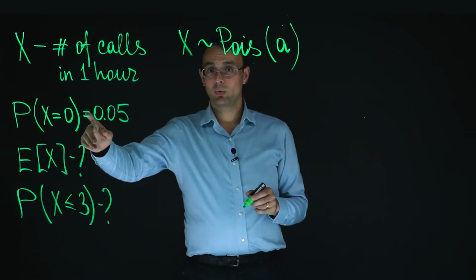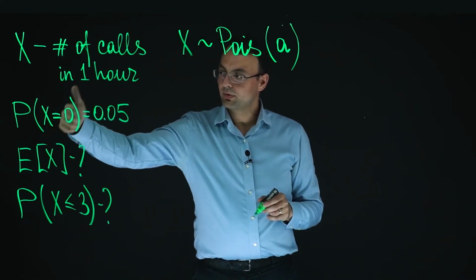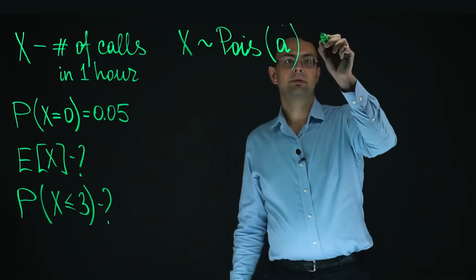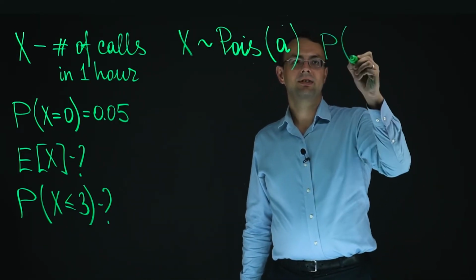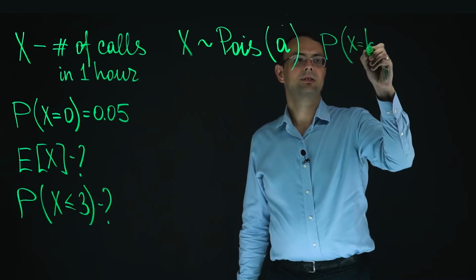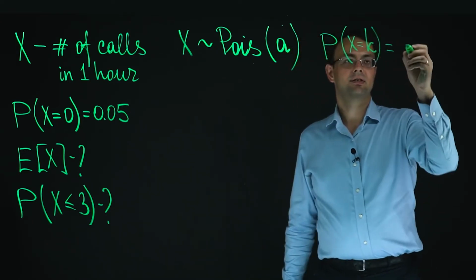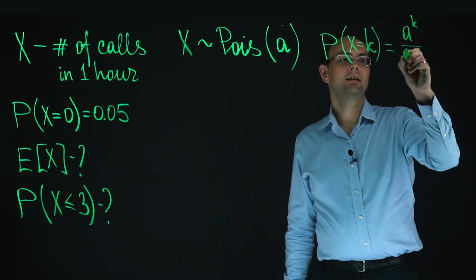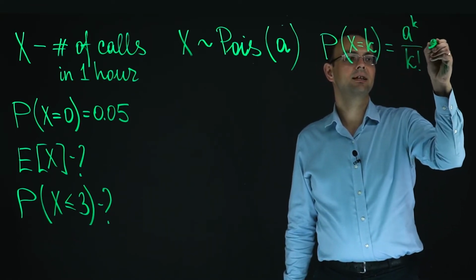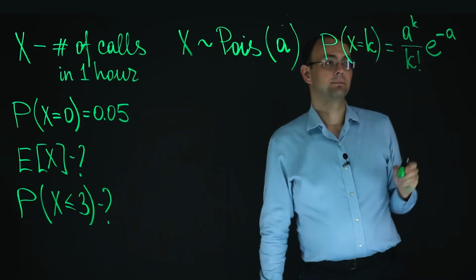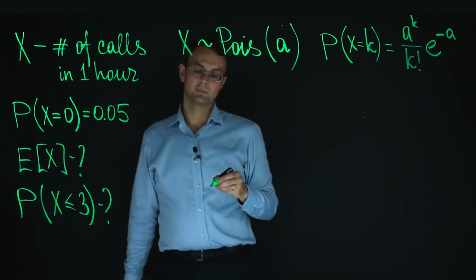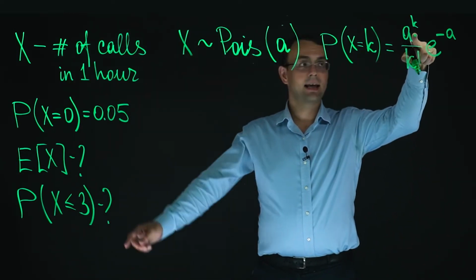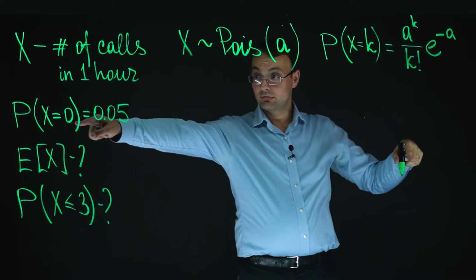So we need to know the general formula for the probabilities of this kind. So the general formula is, let me remind you, probability that x will take value k is a to the power of k divided by k factorial times e to the power of minus a. In our case, a is unknown and k is equal to 0.